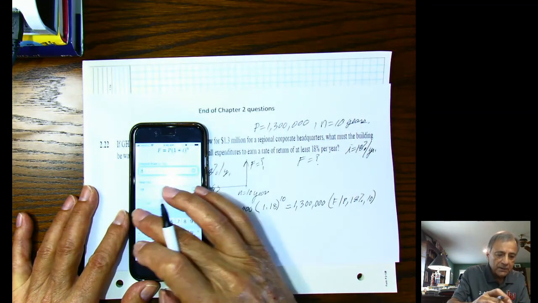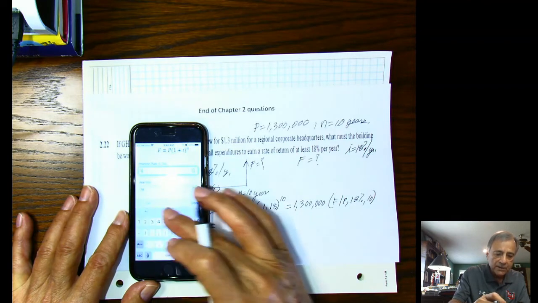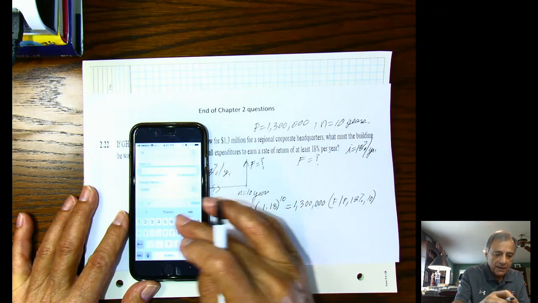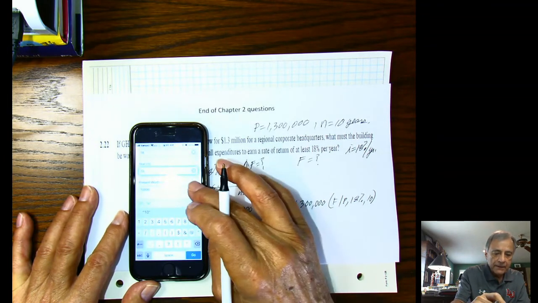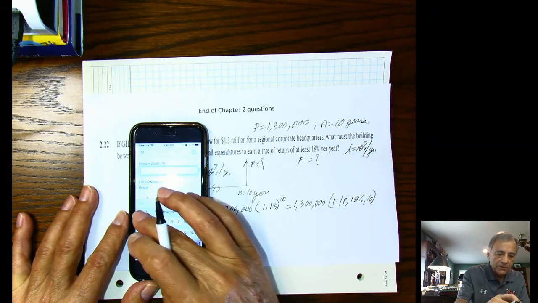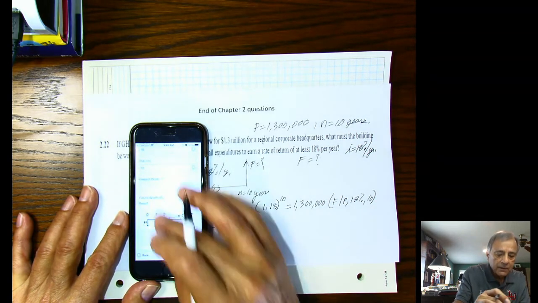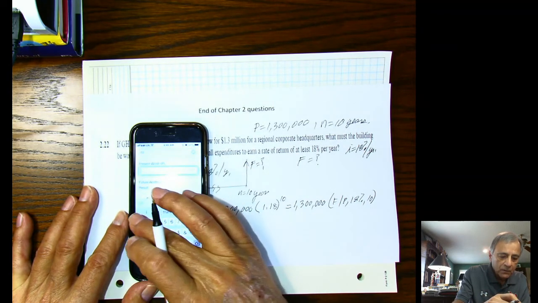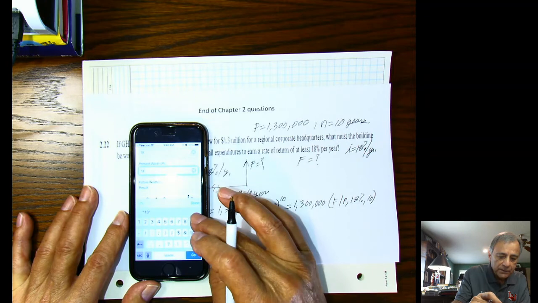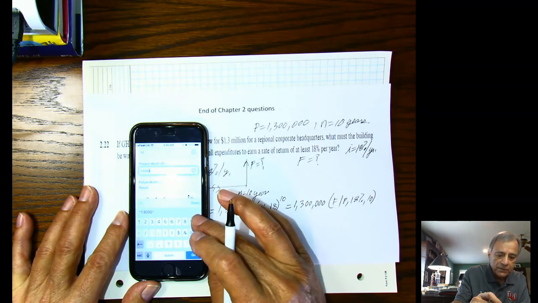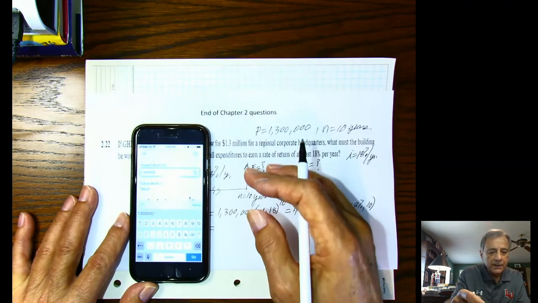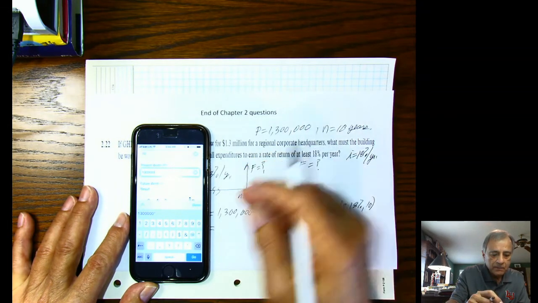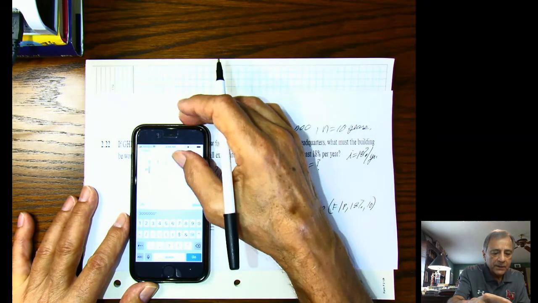Okay, 18%. The number of periods is 10. And the present value is 1.3 million, 1, 3, 0, 0, 0, 0, 0, 0. I think I need one more zero. And then we'll calculate.